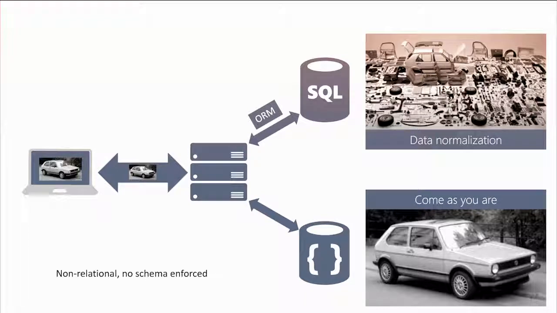And in the case of working with classic SQL Server, classic relational data, we have to have a way of mapping the objects that we're representing in our code to the storage in the database, and that's the process of normalization. We pretty much pull that car apart into a million pieces, and we store all the parts that are similar in similar tables or what have you. Now, with something like Document DB and this whole NoSQL movement, we have the ability to store it just the way we want, and that's sort of my bottom right here with come as you are.